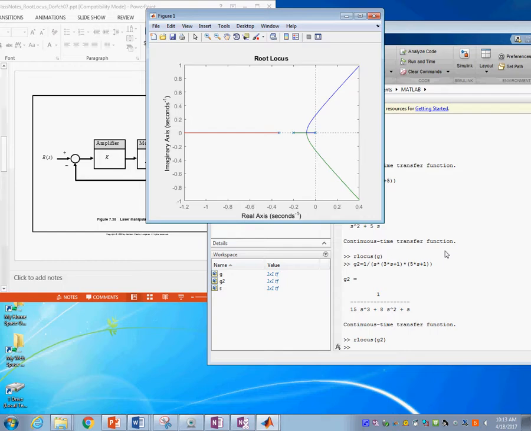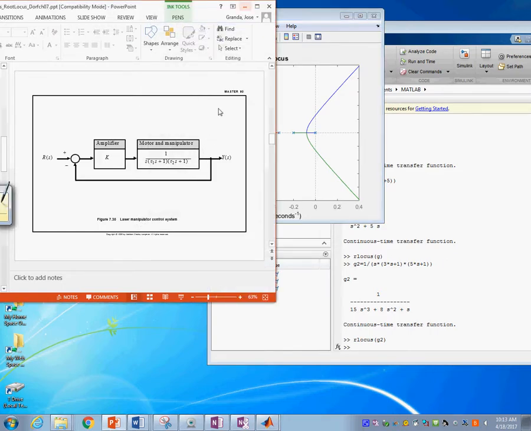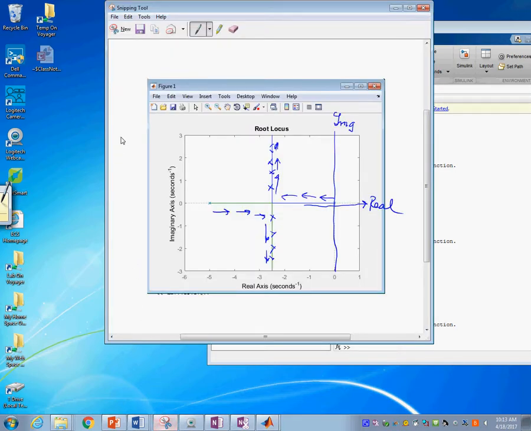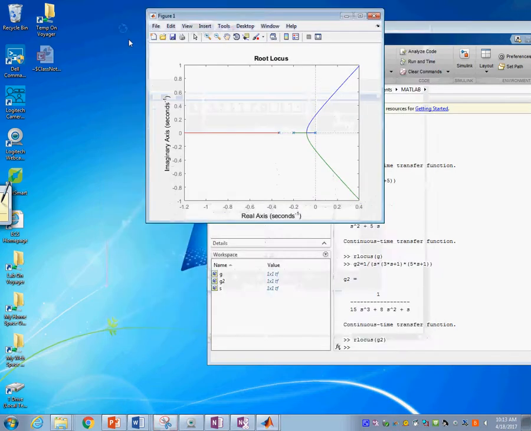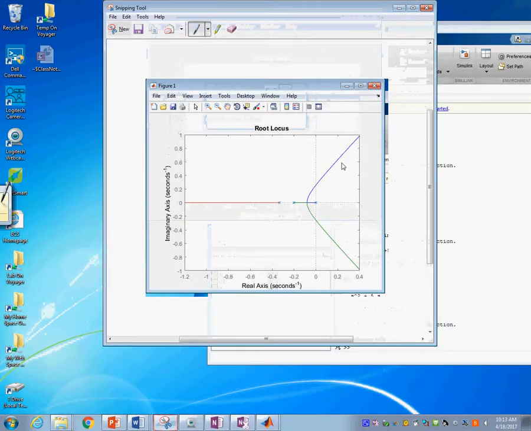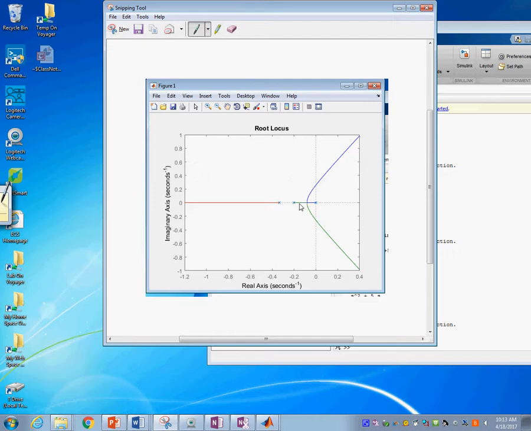This is a wonderful test for this concept. Let me see if I can get this so that I can actually put some comments on it. Okay, here we have the transfer function.